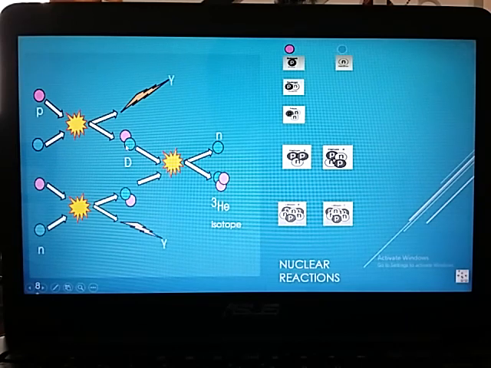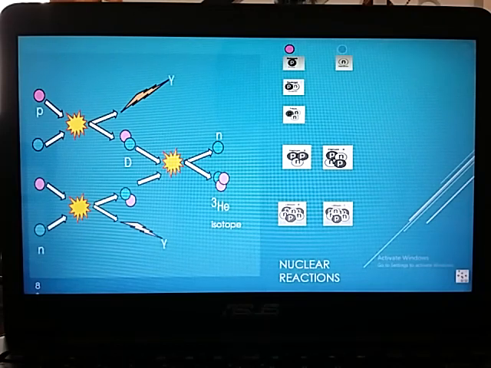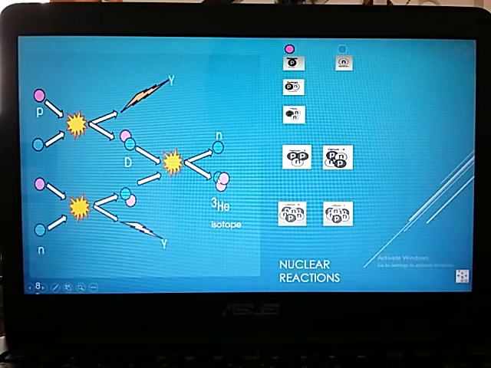So, deuterium is a form of hydrogen. So, same lang dito. Proton and neutron combine together or fuse together or undergo a nuclear reaction. It forms deuterium again.